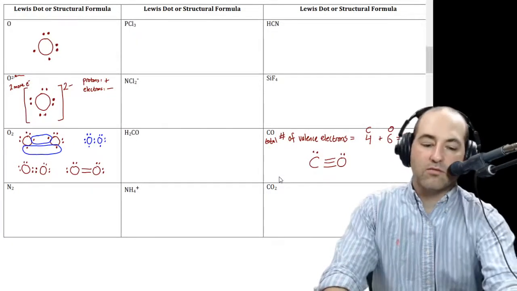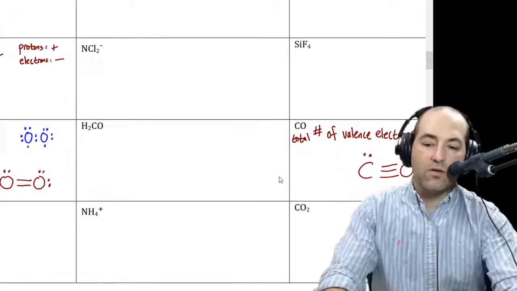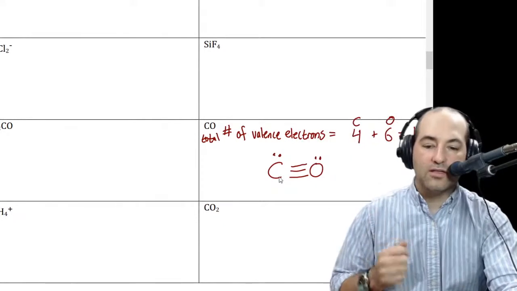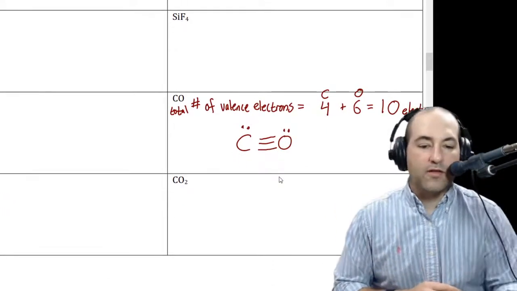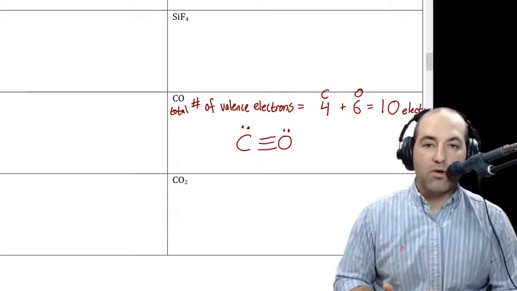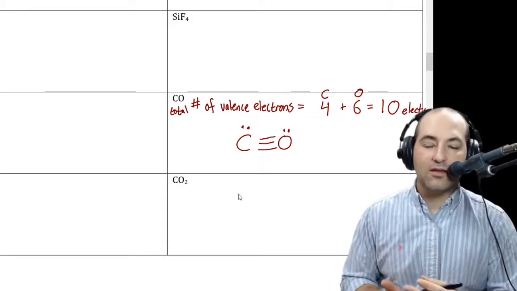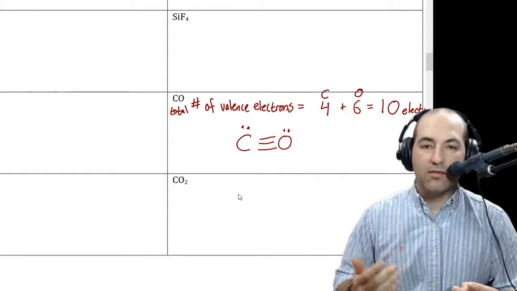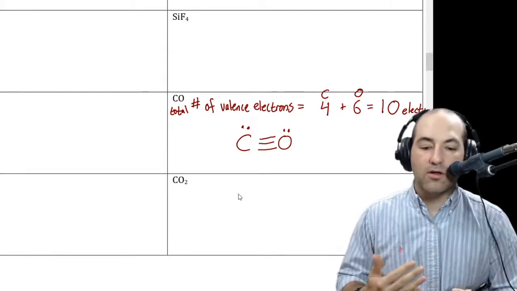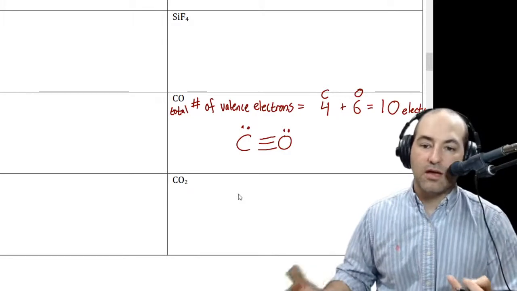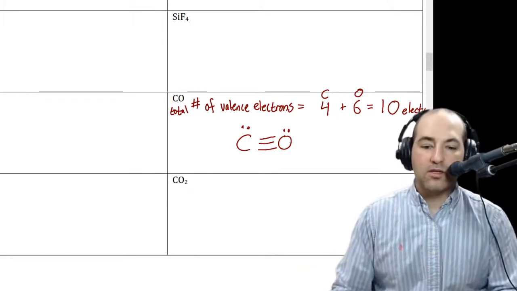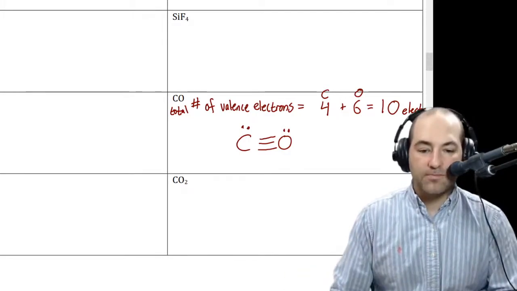So hydrogen, as we already talked about, only gets 2 electrons instead of 8. There are a couple other exceptions also, like beryllium and boron, which can get less than an octet. And then there are elements down lower in the periodic table that can actually have more than 8 electrons around them. We're not really going to see that in this class.